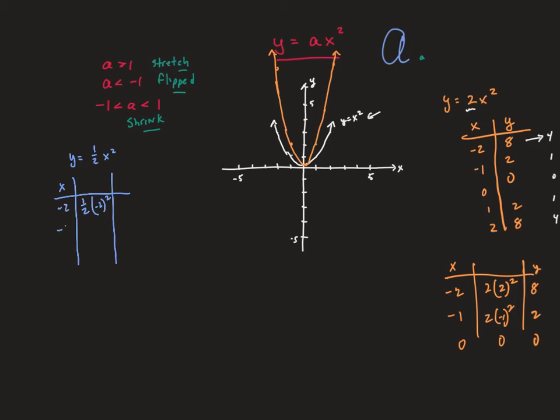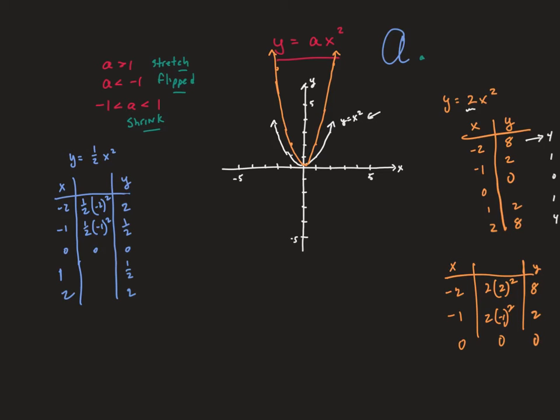Because I'm going to stick with these same values because right now it's just easy. My y value then would be 2. And then I would have 1/2 times negative 1 squared, which is going to be 1/2. 0 is going to be 0, and then my other numbers are going to end up becoming the same.